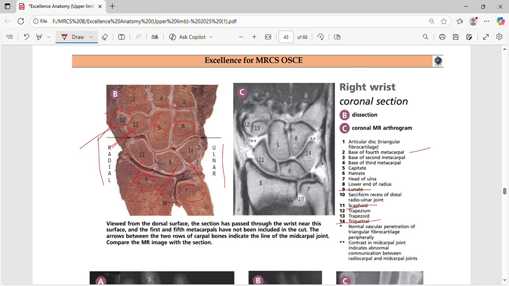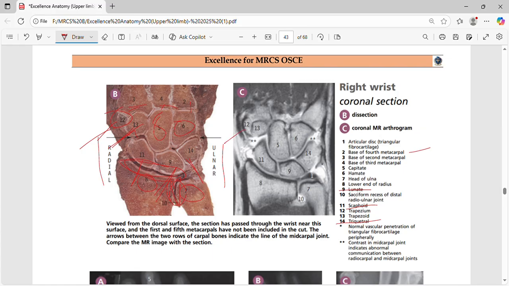Number 10 is the distal radioulnar joint, and here we have the wrist joint proper. So this is the radiographic view of this.